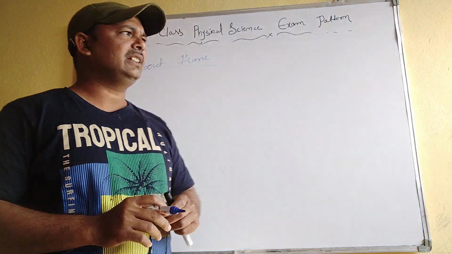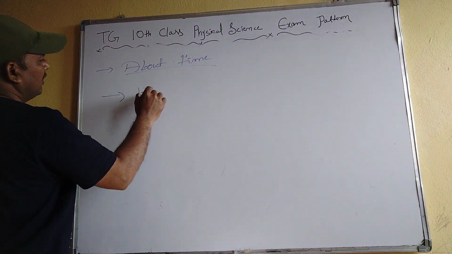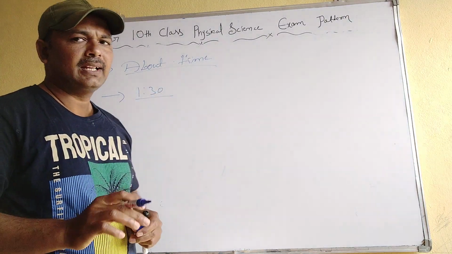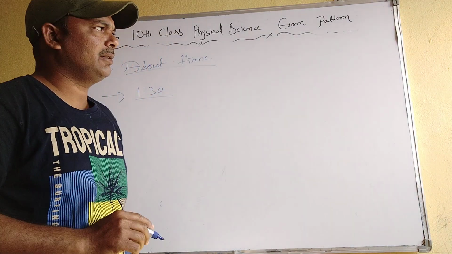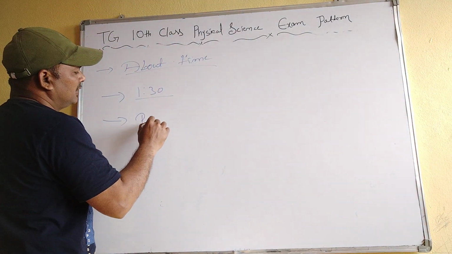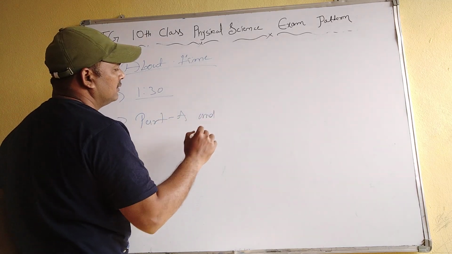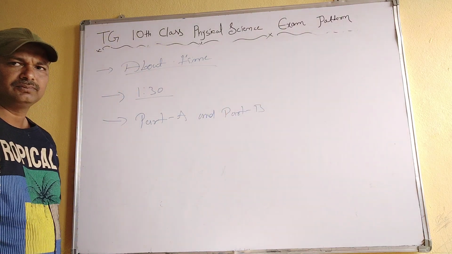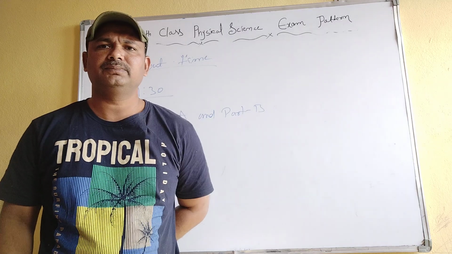For physical science, they give 1 hour 30 minutes for the whole examination. In that examination, we have two sections, part A and part B.